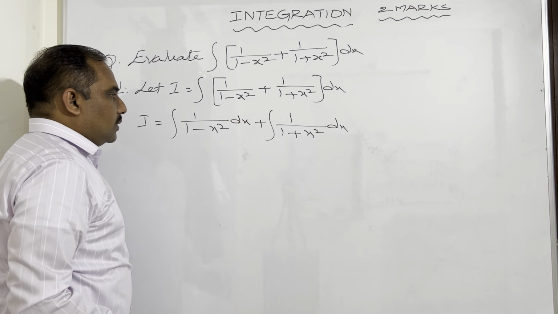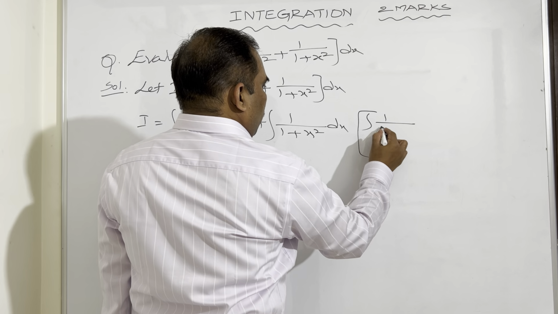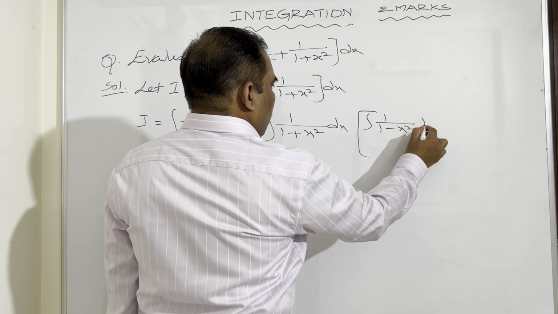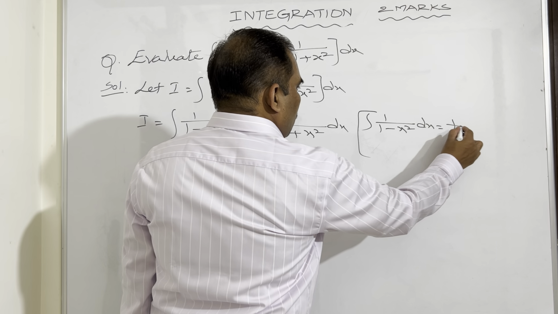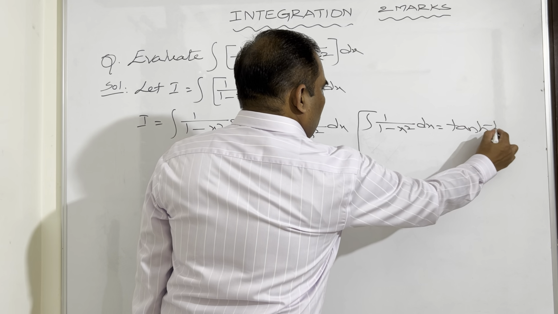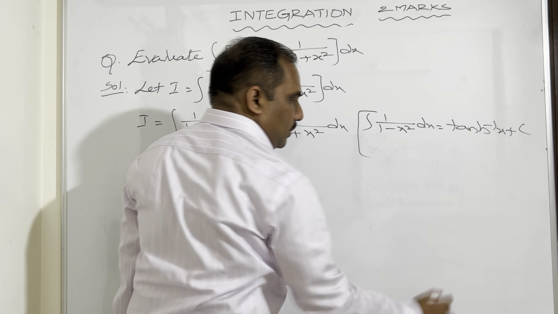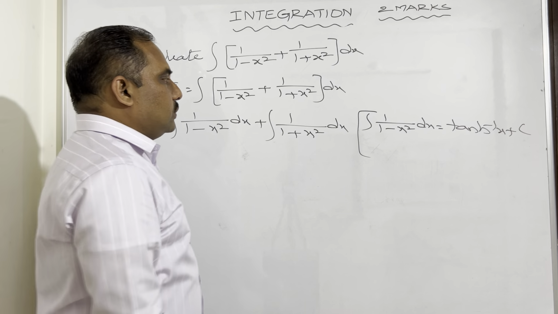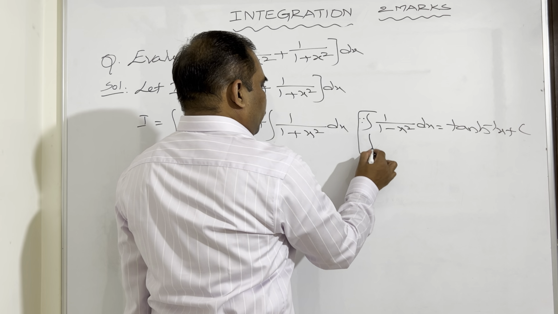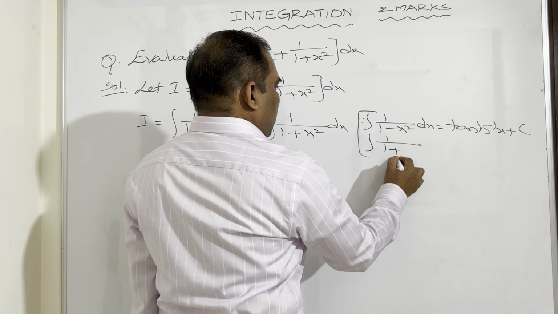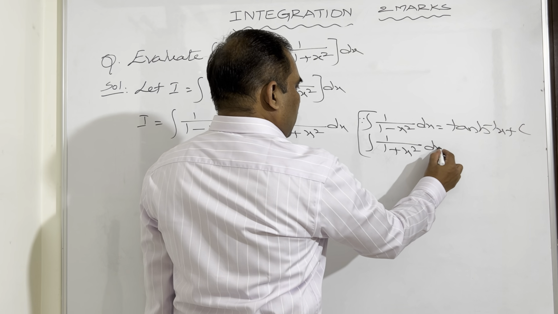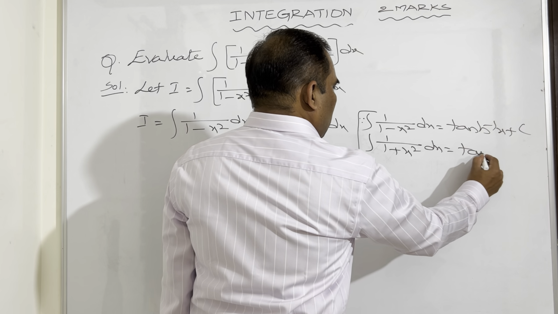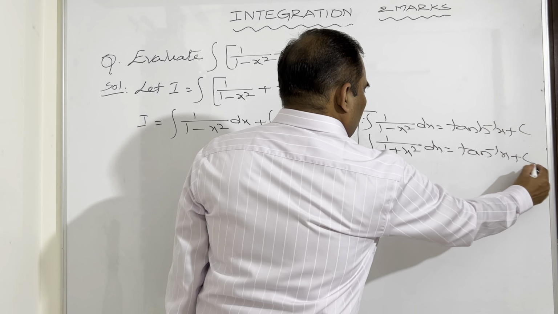You have to remember the standard forms: integral of 1/(1 - x^2) dx is tanh inverse x + c, and integral of 1/(1 + x^2) dx is tan inverse x + c.